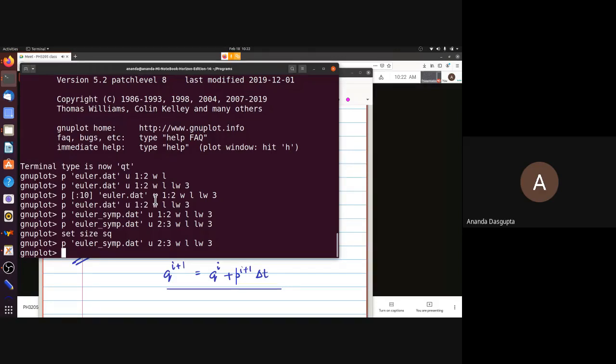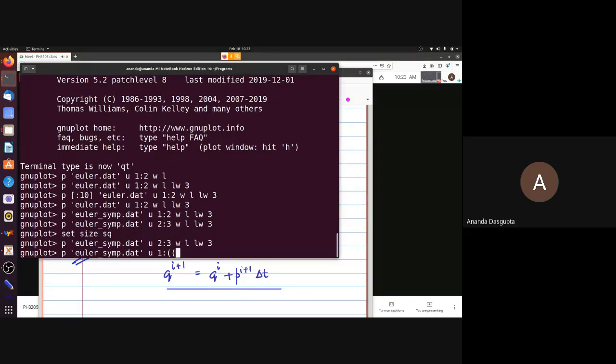To see the difference, the easiest thing would be to, instead of plotting this, just plot p squared plus q squared as a function of time. You understand that? That's what we are trying to do, because that's, of course, a conserved quantity. So if it were really a constant, it should come out as a straight line. But let's see what it comes out as.